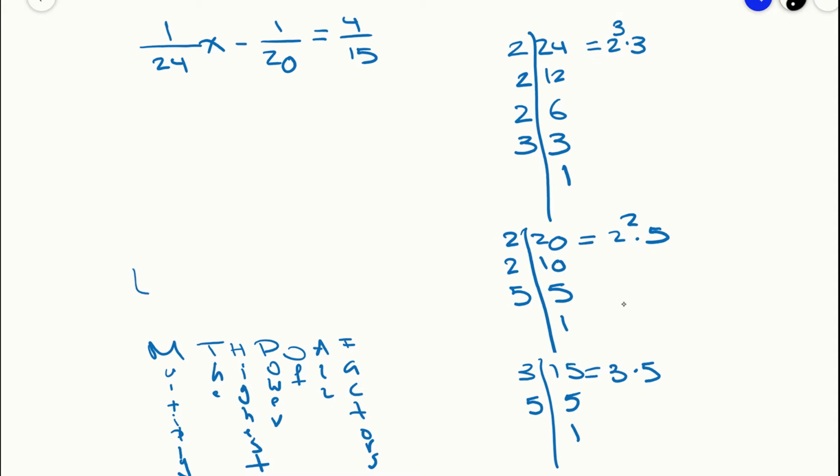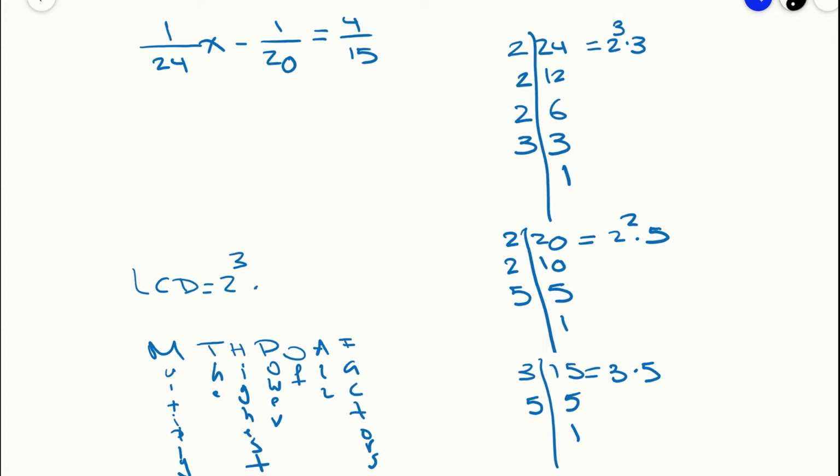So for 2, what's the highest power that you see? It's 2 cubed, right? Because remember, we're trying to get a number large enough where they all go into it. That's why we need the highest power, and that's why we need every factor represented, not just the common factors, because otherwise some of the numbers wouldn't go into it, right?